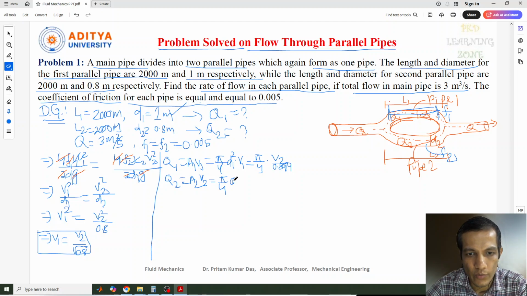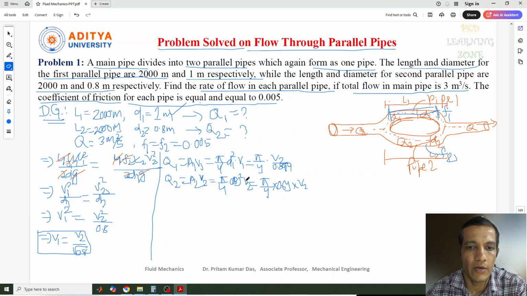D2 square value is 0.8 square, so finally we can write pi by 4 into 0.64 into V2. Here also V2 is there, so there is no question of V1. Only one velocity we can easily identify from the question.